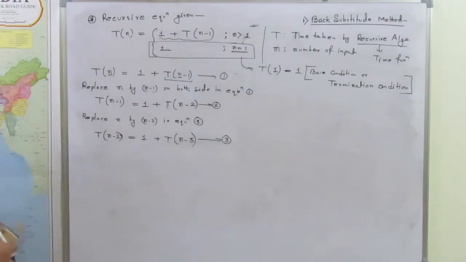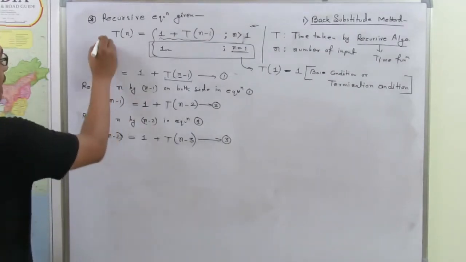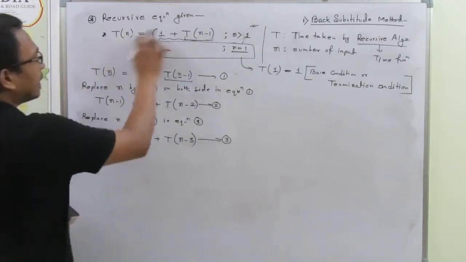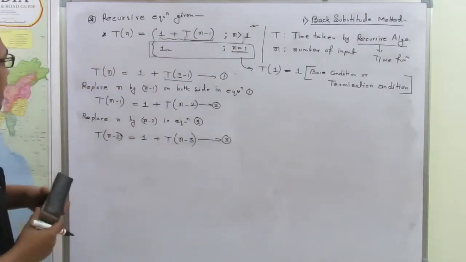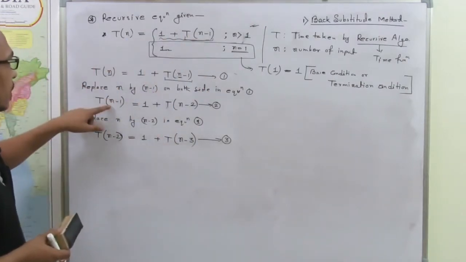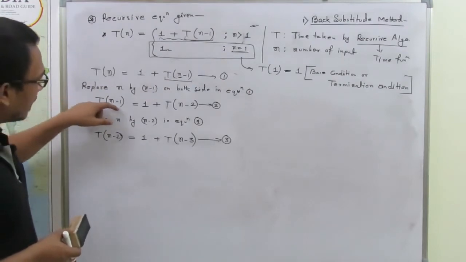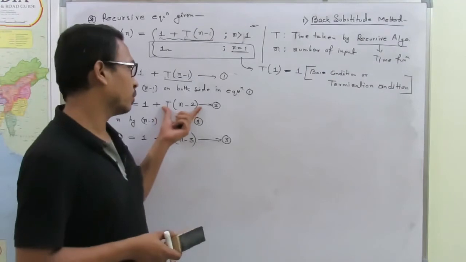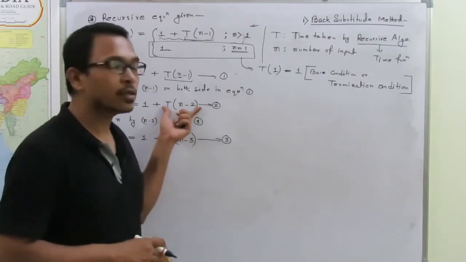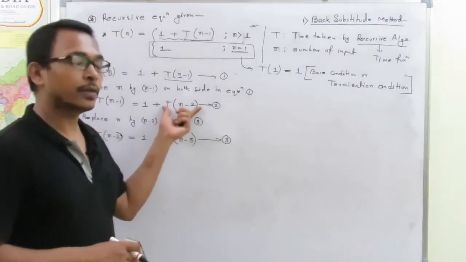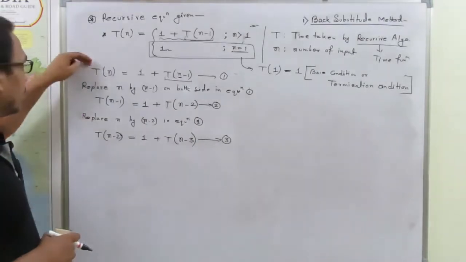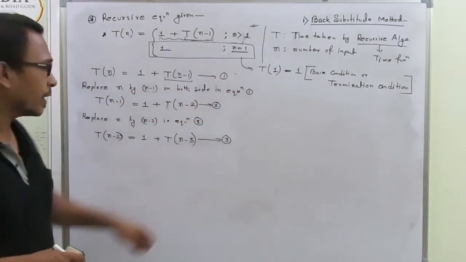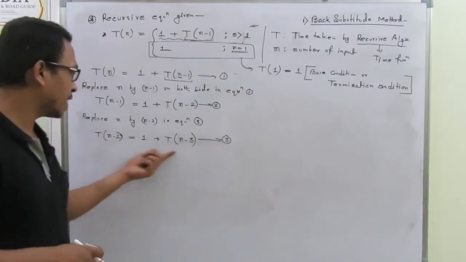First, in the given equation we have t of n minus 1, so in this expression we replace n by n minus 1. So in the equation of t of n minus 1, we get a new term, that is t of n minus 2. So we need to know what t of n minus 2 is. Because of that, we again substitute n minus 2 in our given expression, and we get this particular statement.